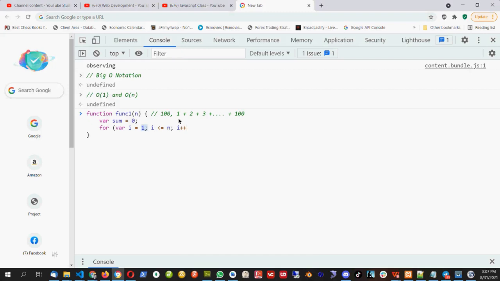I am starting with 1 because it should start with 1 and end with n. And here remember I am putting less than and equal to sign so that it should reach up till n. And then I'll start with a curly bracket, and here I will say sum is equal to sum plus i. So whatever value of i is there, I will add that to the sum.